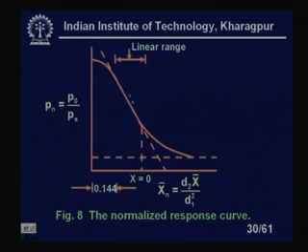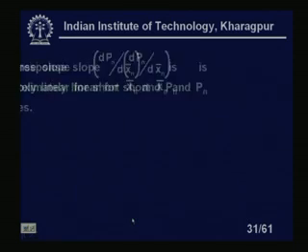This graph is very important. This will control the entire position. If the flapper moves close to the nozzle, you will find that the output pressure increases, which is supposed to be. So, this is a normalized response curve. From this curve we will do so many other things.